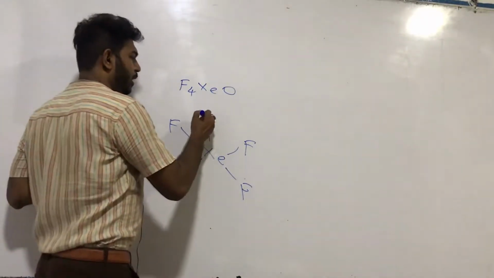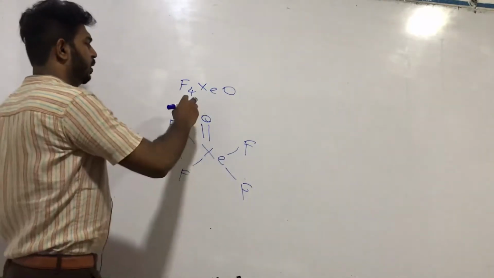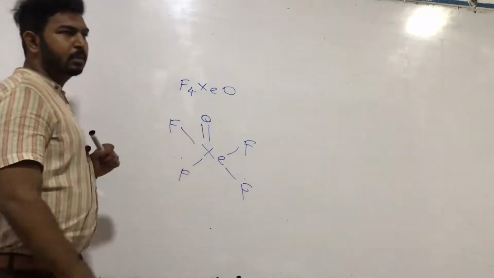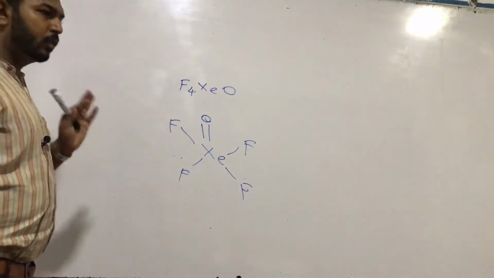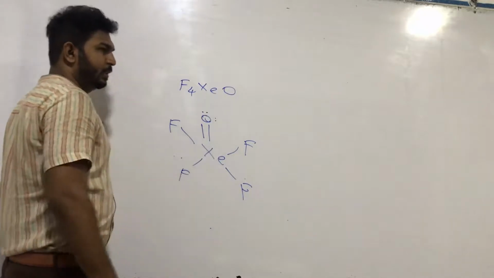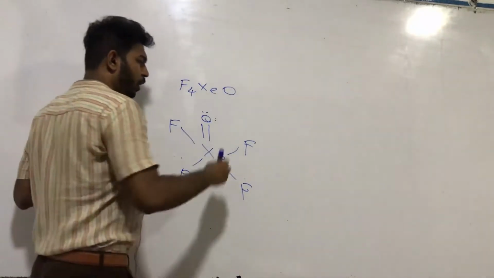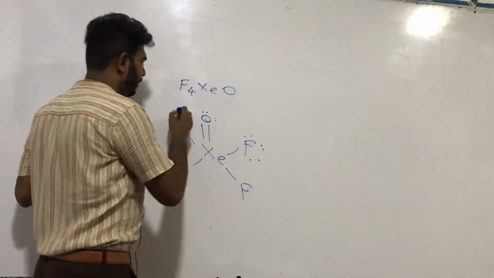Now we have to draw the lone pairs. The oxygen has 2 lone pairs, since it is in the 16th group, and fluorine has 3 lone pairs.